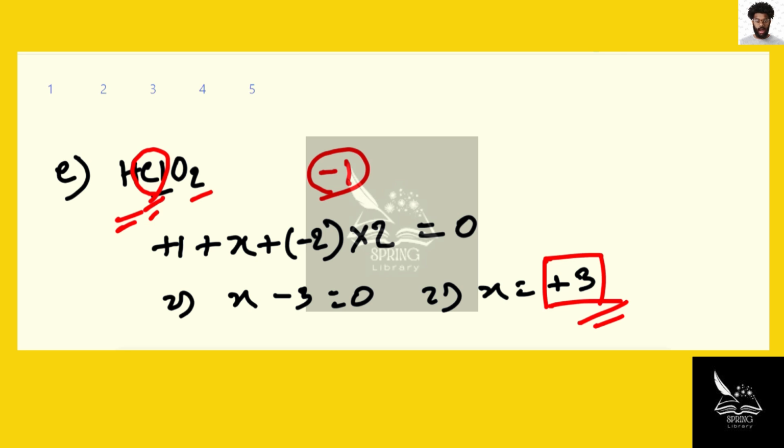Okay, and the last one we have is BaCrO4, and we have to find the oxidation number of chromium here. So again, barium being a group 2 element, it will have +2.